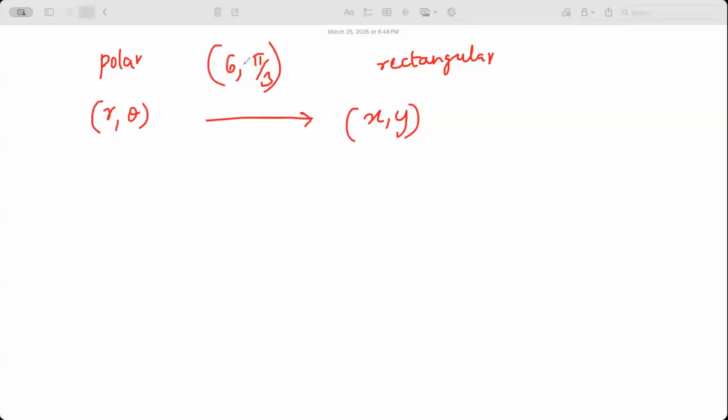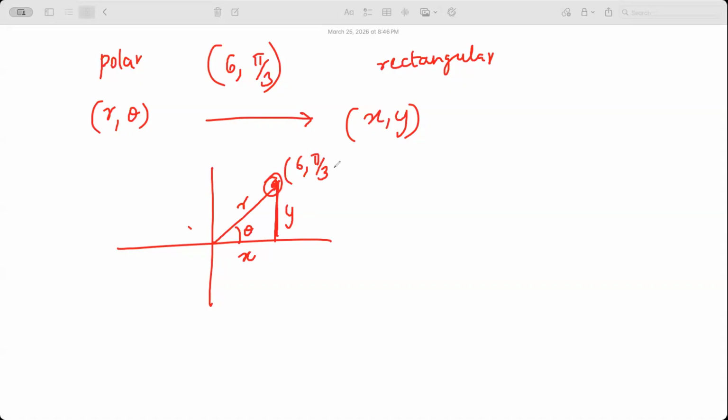If you're given this in a polar graph, how do you convert it to rectangular coordinates? Remember, this is theta, the angle. This piece is y, this piece is x, and this piece is r. Suppose this is the point 6 comma pi by 3, so this is r.